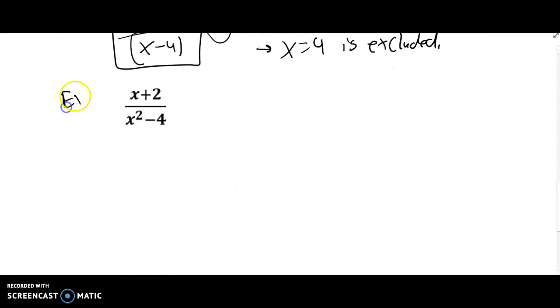Example 3. So remember, what we're really doing here is factoring, then canceling. So our numerator has nothing to factor, but I can factor this. This also looks like a difference of squares because I have two terms and a perfect square. The square root of x squared is x. The square root of 4 is 2.